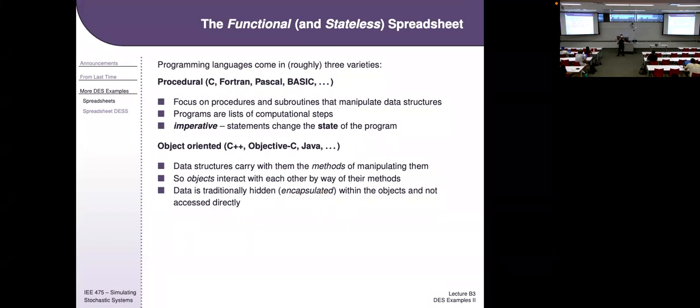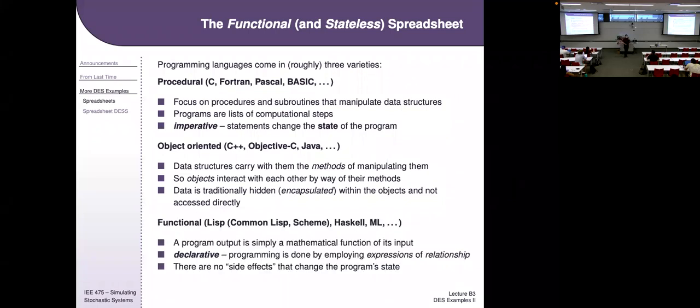Instead of interacting with the data directly, you interact with methods which themselves interact with the data internally. It's like, you can't know my heart rate, but you can ask me what my heart rate is. I can measure it and tell you. And so in this case, you still have this idea of a sequence of steps, but you're just putting the procedures in a different spot and the data in a different spot.